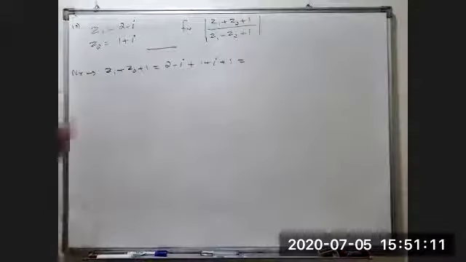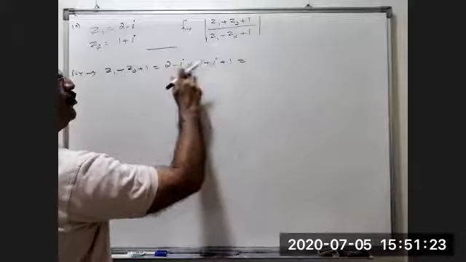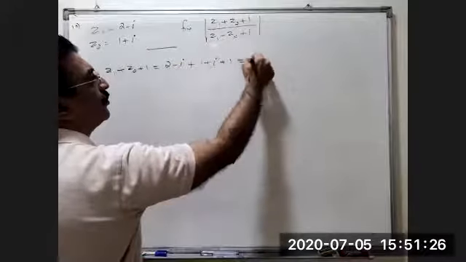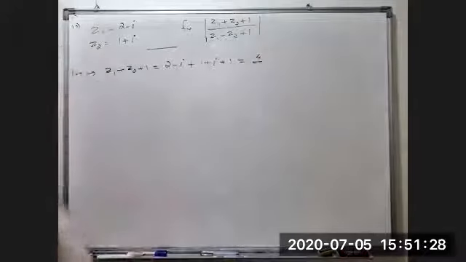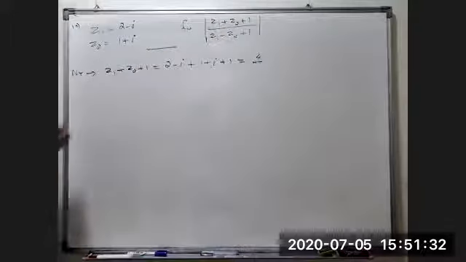What will you get? Minus i plus i cancel. 2 plus 1, 3, plus 1. It is 4. So numerator is 4, simplified separately, that's better.